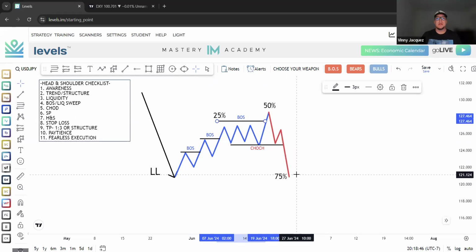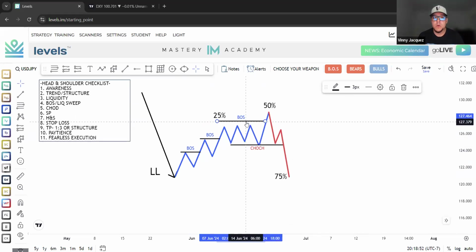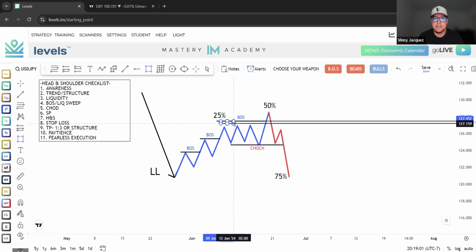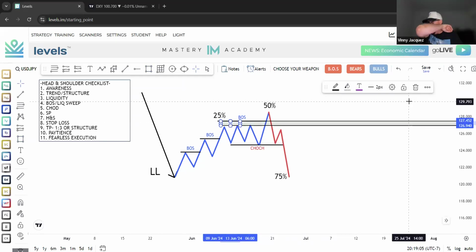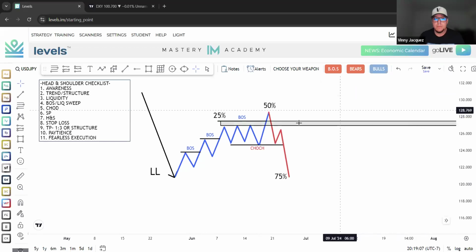Cool. Now, for the head and shoulder, my left shoulder will be the last break of structure before the change of character, right? So my zone will be from wick to body right in this area. My left shoulder will be the very last break of structure before the change of character.